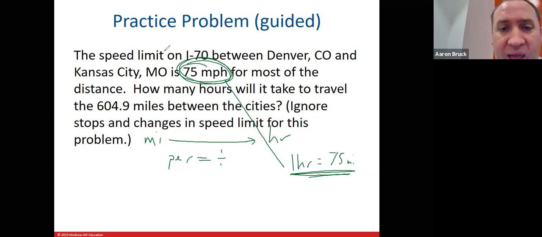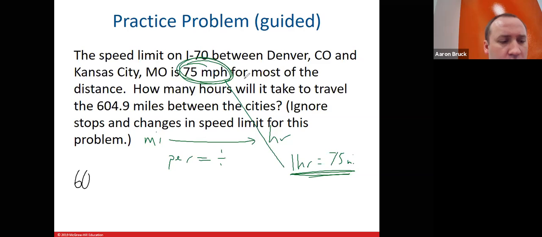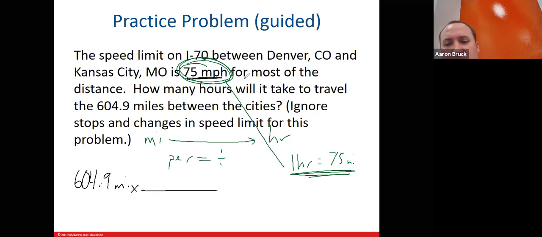So I have a distance of 604.9 miles. The only thing that can be used here is the speed to convert the miles into hours. Since I have miles in the numerator, I'm going to want to put miles in my denominator, put hours in my numerator here. 75 miles is equal to 1 hour.